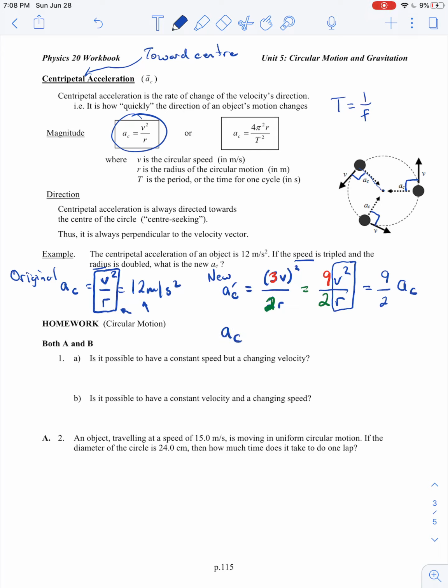And so to calculate the new acceleration, all I have to do is go 9/2 of 12 meters per second squared. And so, of course, that will be 54 meters per second squared is that acceleration.